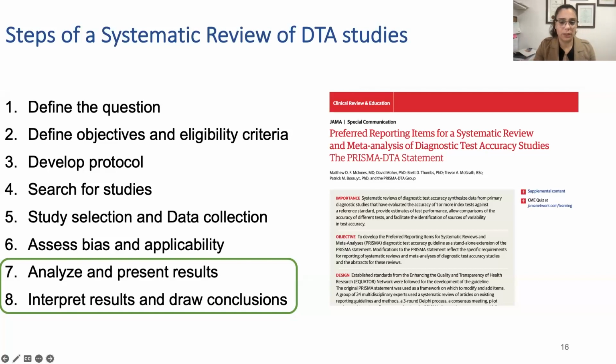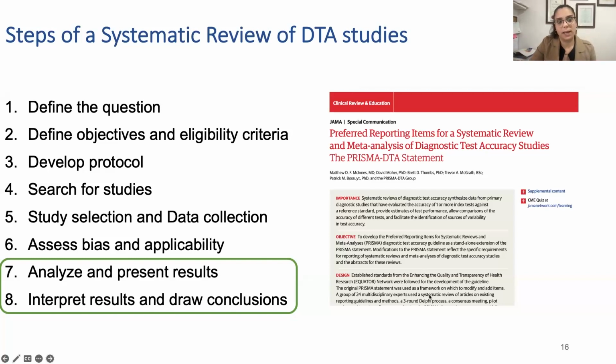So two important items that we need to report in our systematic review of diagnostic test accuracy studies are the uninterpretable or void results of the tests, and also how many withdrawals we may have from the study and why those happened. There should be an explanation of that because this might also be associated with the test.